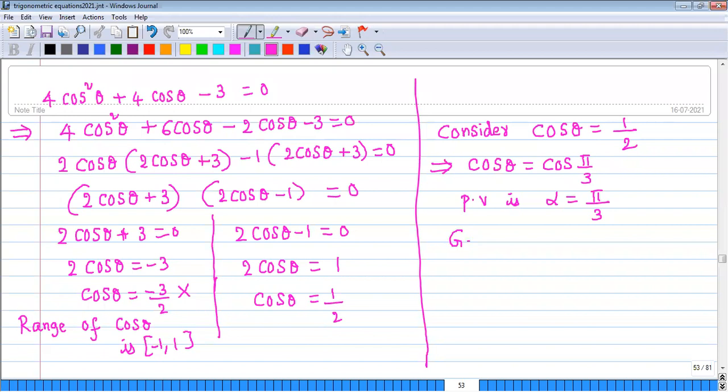The general solution is theta equal to 2n pi plus or minus alpha, so theta is equal to 2n pi plus or minus pi by 3, where n belongs to the integers Z. This is the answer. I hope you have understood this question.